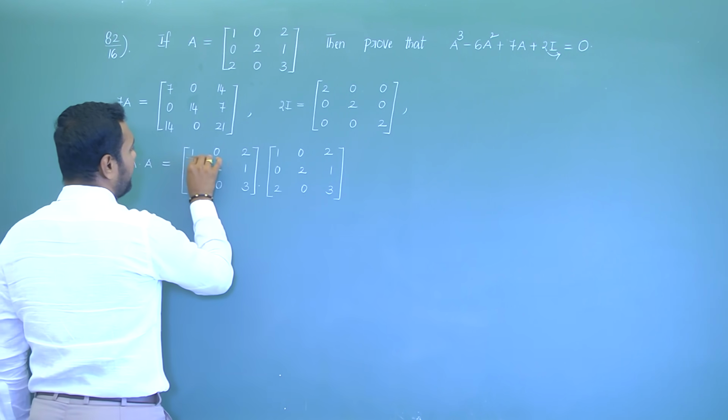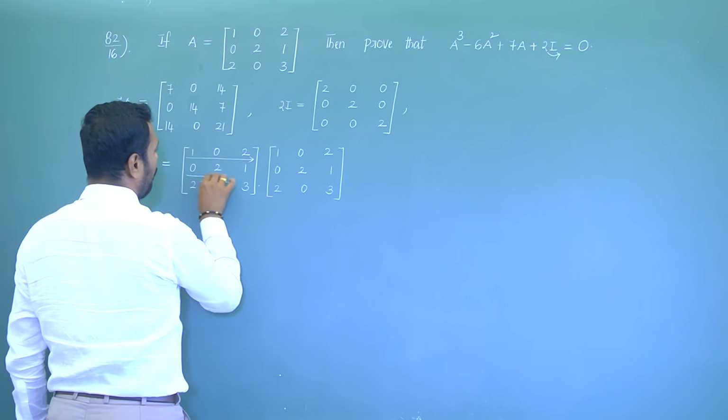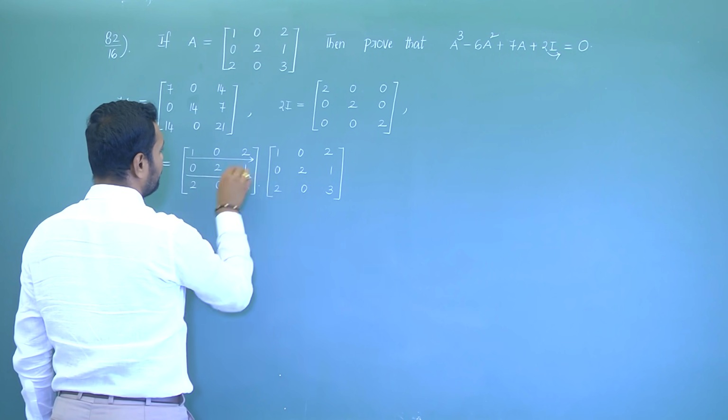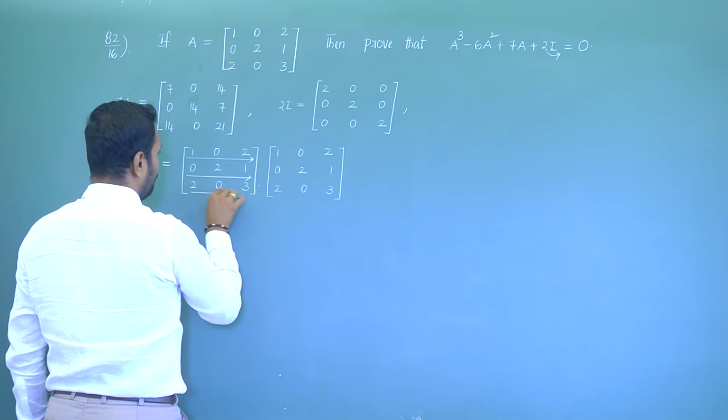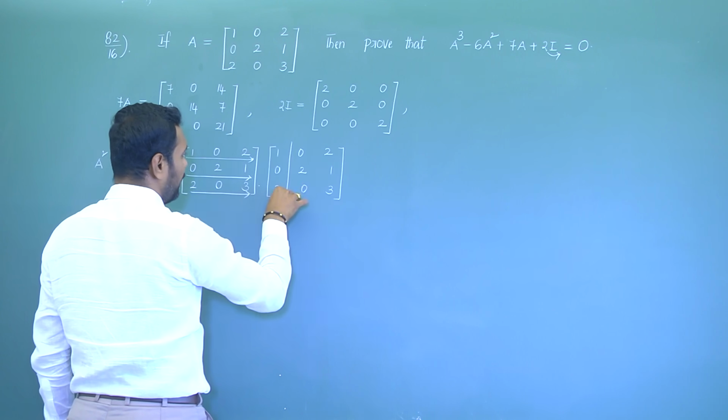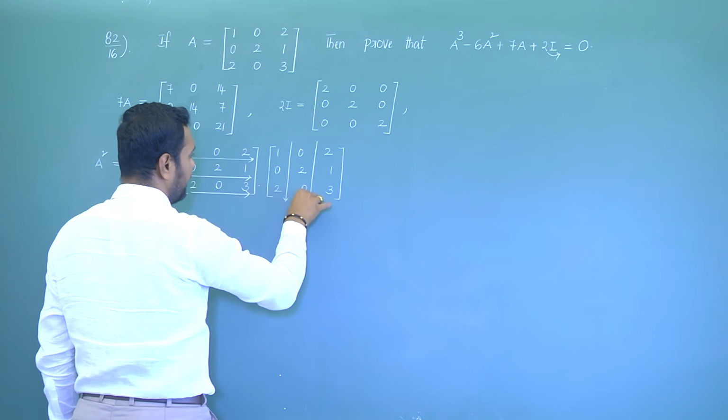For the first matrix we draw horizontal lines, for the second matrix we draw vertical lines.